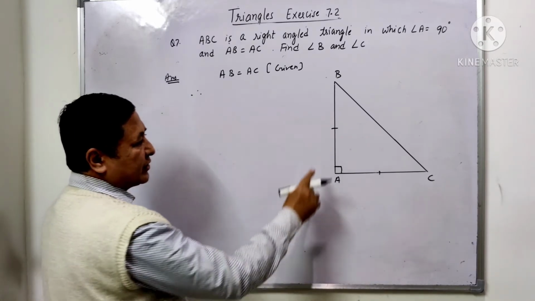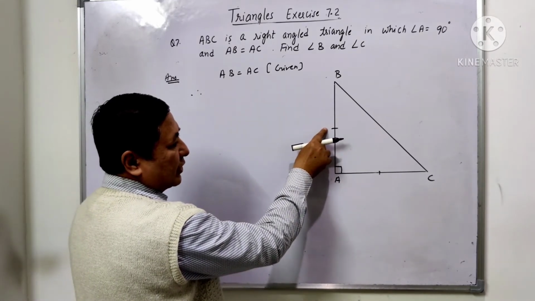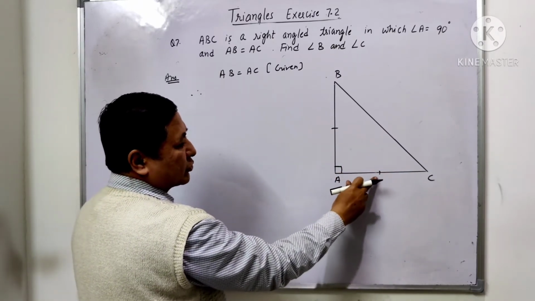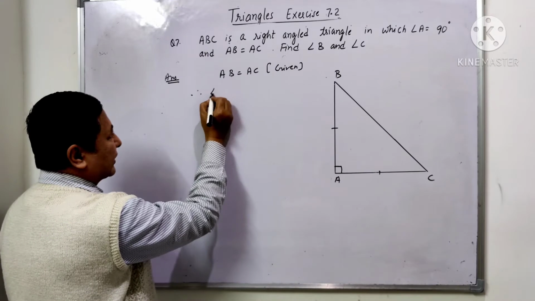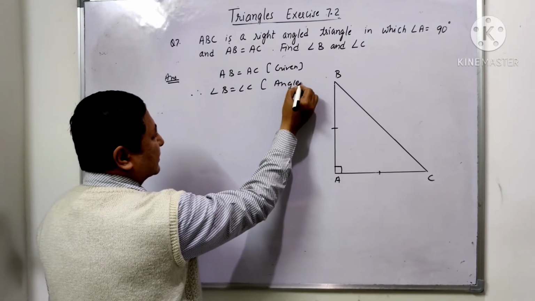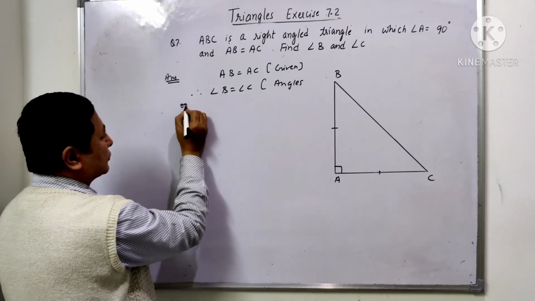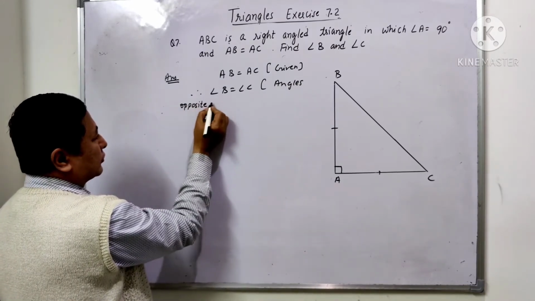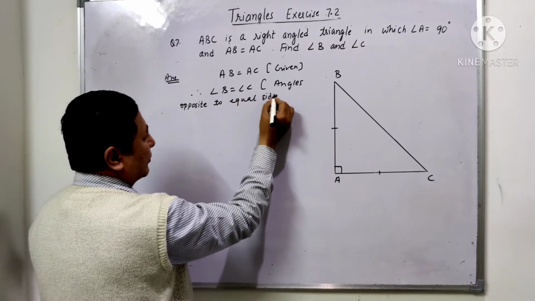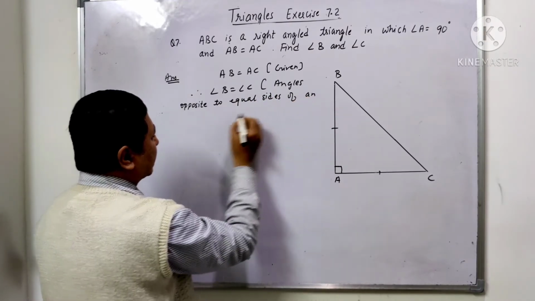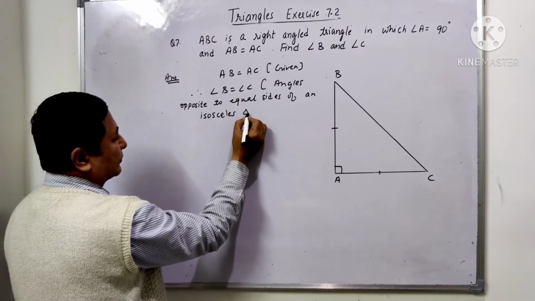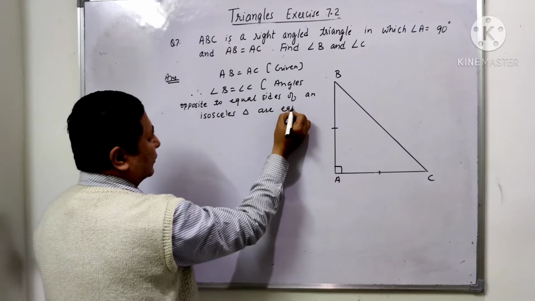The angle opposite to side AB is angle C, and the angle opposite to side AC is angle B. Therefore angle B is equal to angle C, and the reason is angles opposite to equal sides of an isosceles triangle are equal.